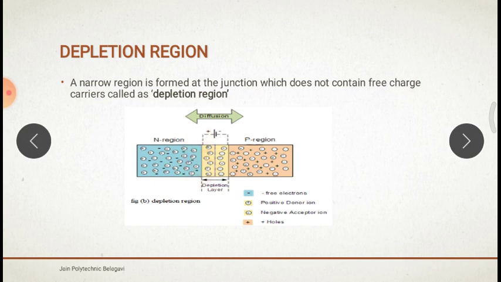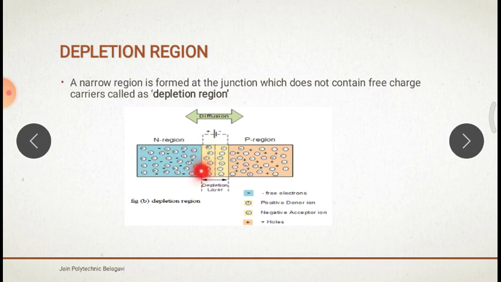The atoms accepting the electrons will become negative ions. So, leaving electrons gives positive ions, and accepting electrons gives negative ions. At the junction, this layer of charge carriers will be formed. Here it is giving electrons, so positive ions are formed, and here it is accepting electrons, so negative ions are formed.